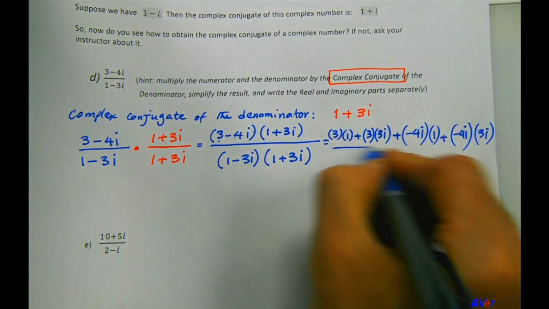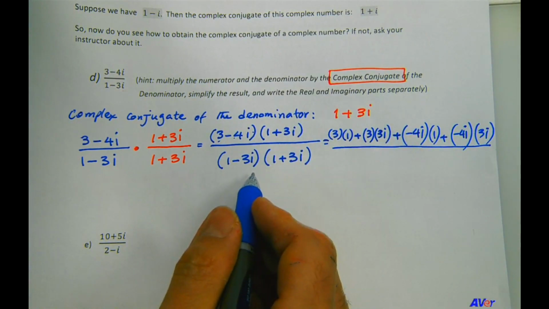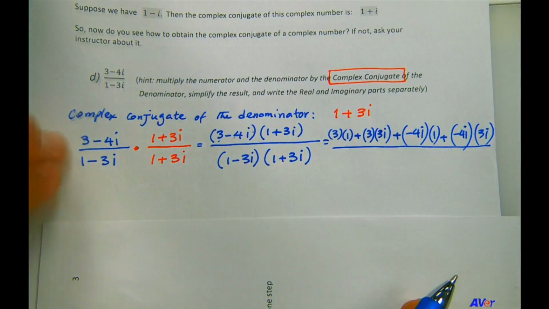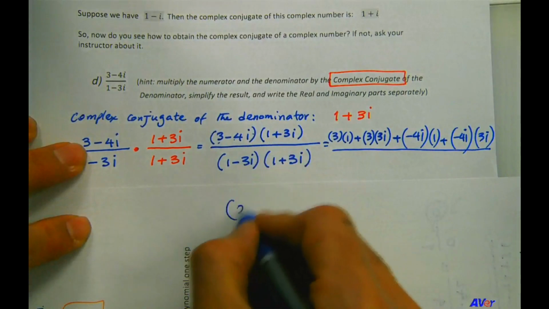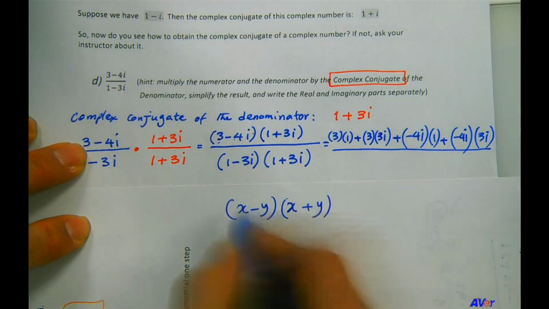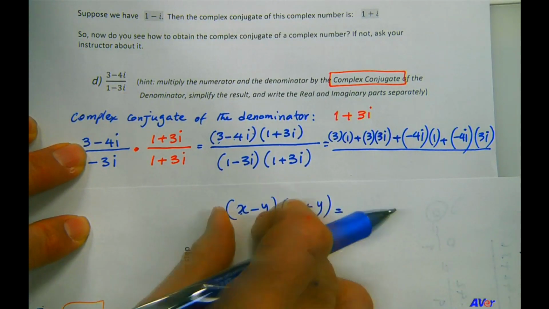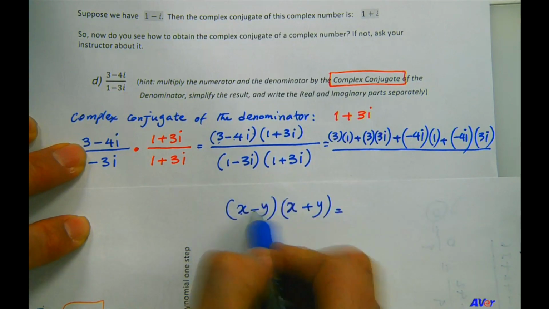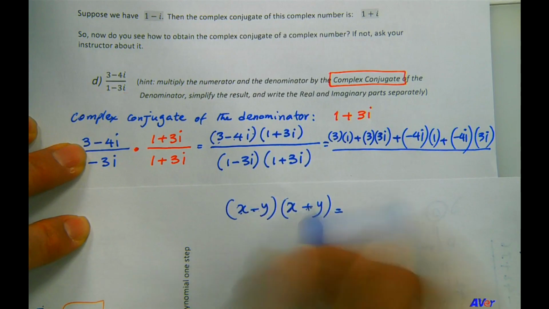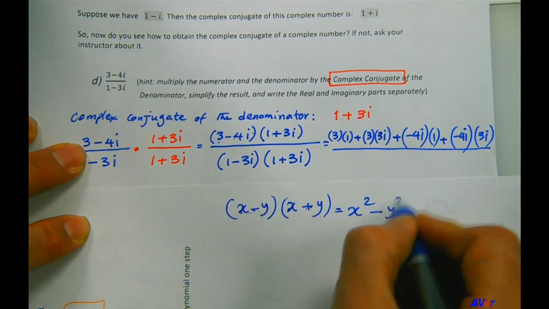Okay, divided by, here we need to use the special product formula. Remember that? We talked about it early in the semester. So remember, x minus y times x plus y: if these two terms are identical and the only difference is the algebraic sign in between them, minus and plus, we get x squared minus y squared.